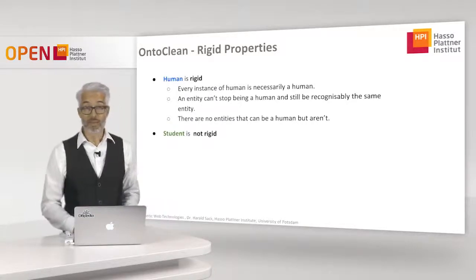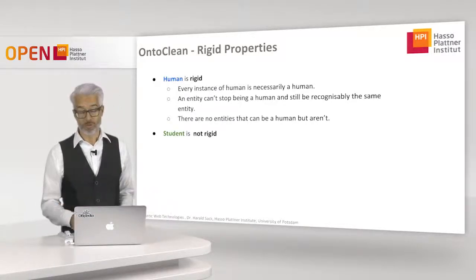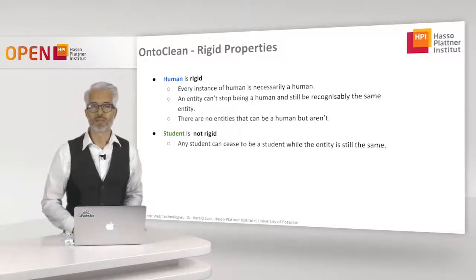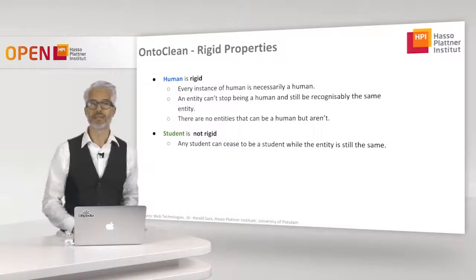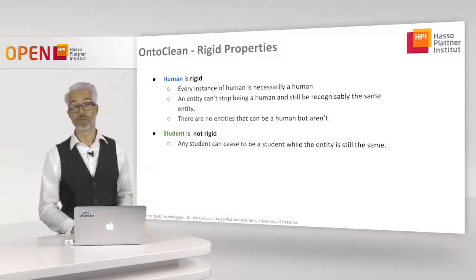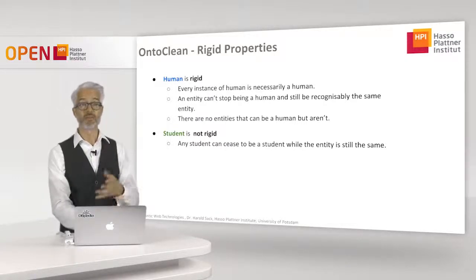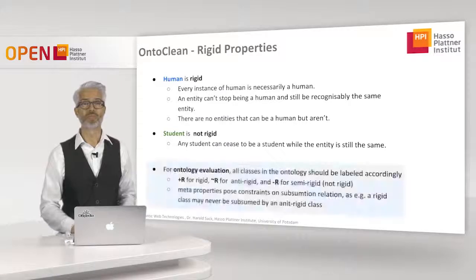In contrast to that, student is a non-rigid property, like we already said. Any student can cease to be a student while the entity is still the same. It's still the same person. So that's an example for rigid and anti-rigid properties.